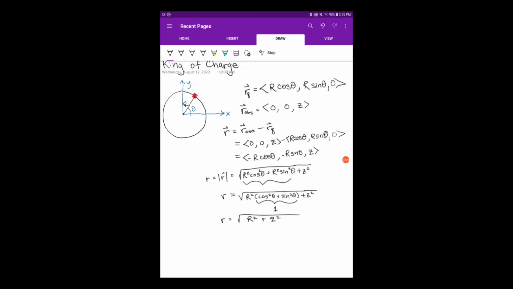And that means that the unit vector describing the direction of the electric field produced by this positive point charge is just the ratio of the vector itself to the magnitude of the vector.